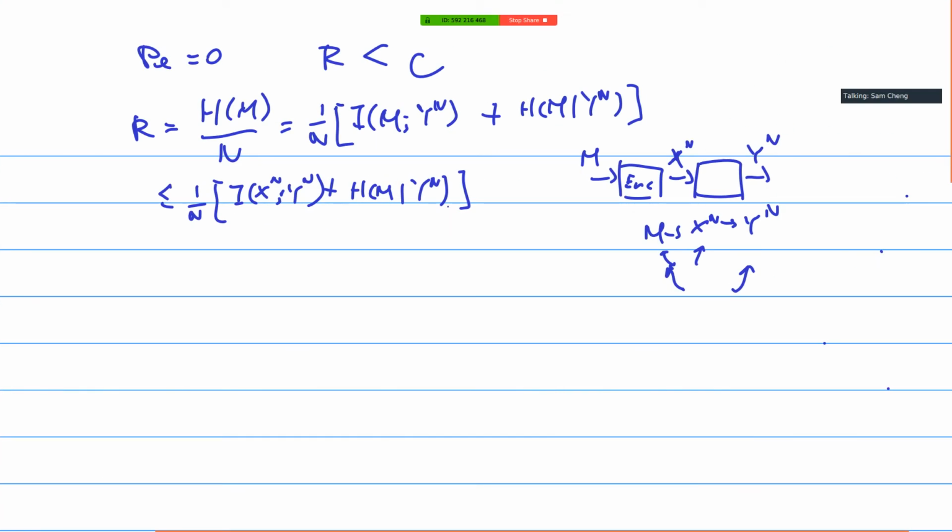Then of course I can expand this again in a different way. This will be H(Y^n) minus H(Y^n given X^n) plus H(M given Y^n).